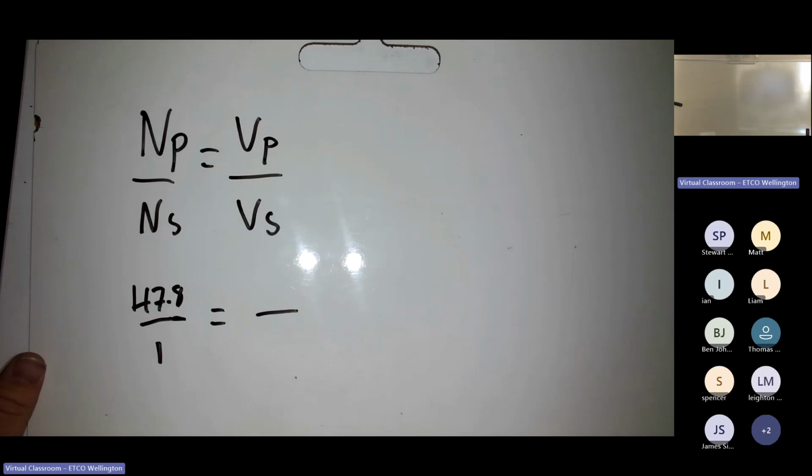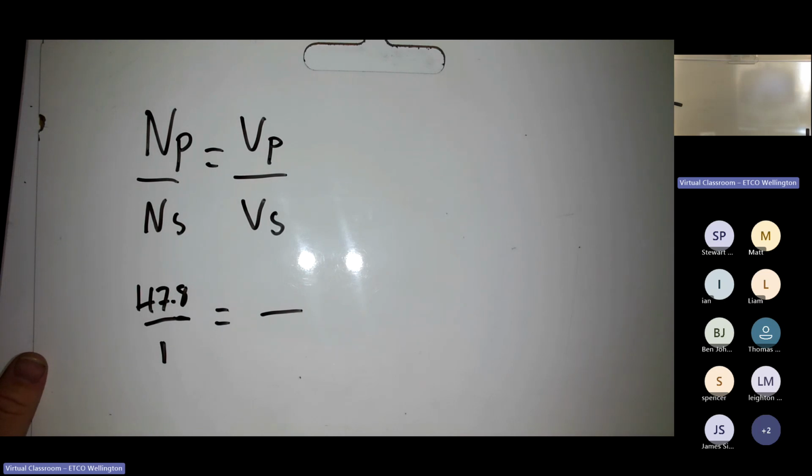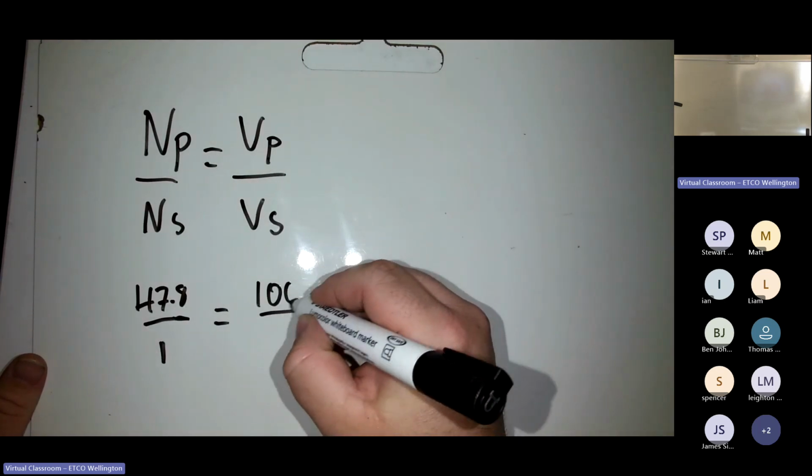It's a ratio. And then we know that the voltage primary is 1000.